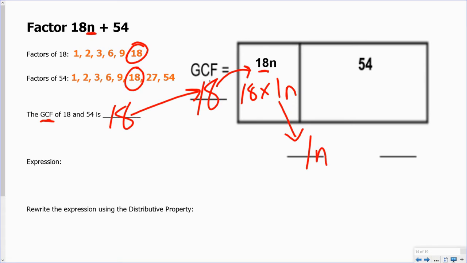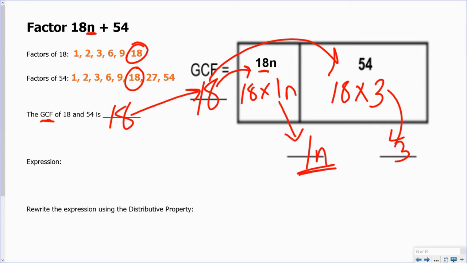And then when I go here, I want to see how many times 18 can go into 54. Well, that would be 3 times, so it'd be 18 times 3. And so that 3 again would go right down here. And again, back to this 1n. Remember, if I just have 1n, that is just equal to n.